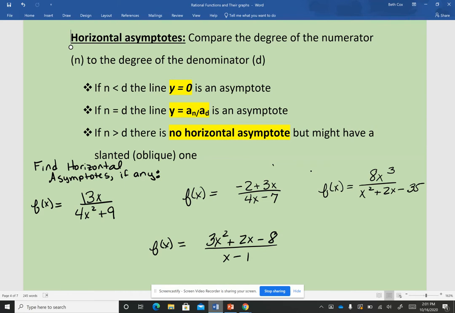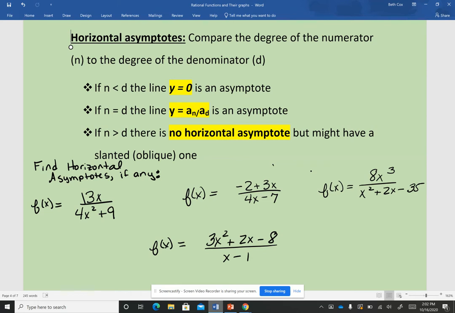Remember, the numerator and the denominator are polynomials, and you should know how to find the degree of a polynomial because we just finished doing polynomials. The ones that I give you are pretty small degree polynomials, but you should still be able to determine the degree. When we compare the degrees, we have to figure out if it's big on top, big on bottom, or the same.